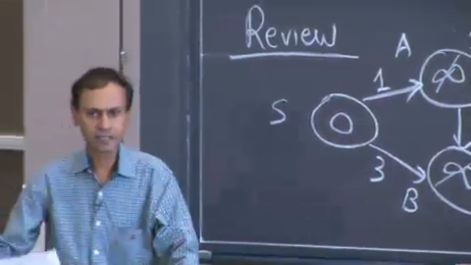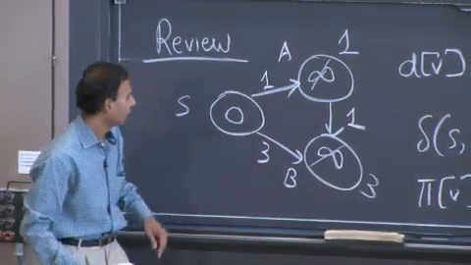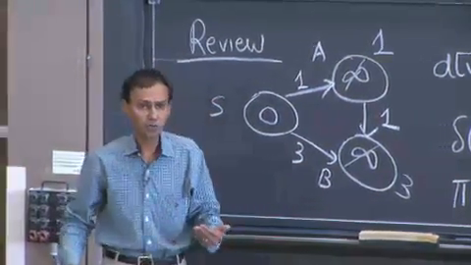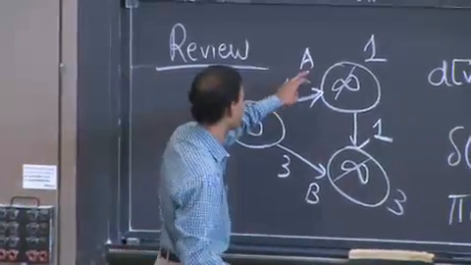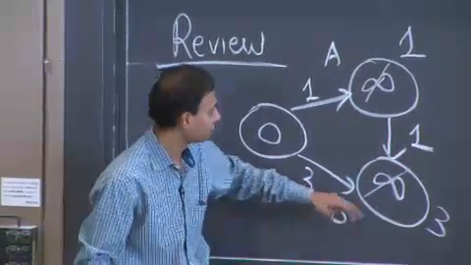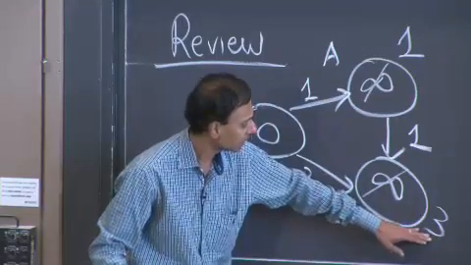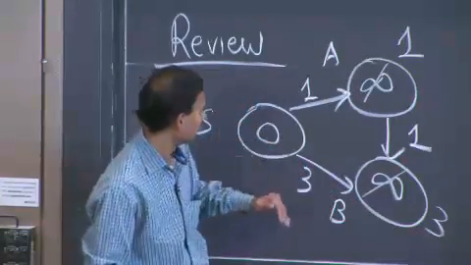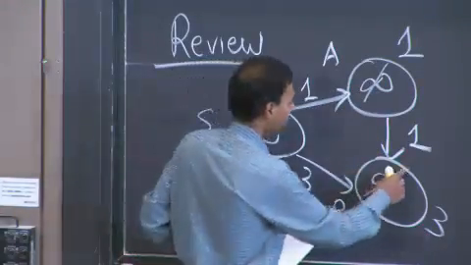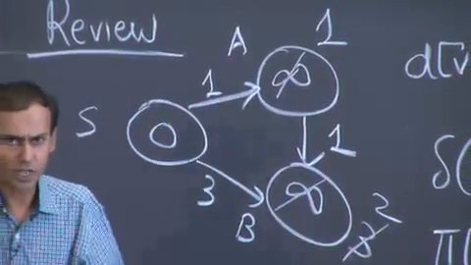At this point, you've relaxed the edges that go out of S to these two nodes, A and B. You're not quite done yet. You've found the shortest path to vertex A, but there's in fact a path of length 2 to vertex B. Right now, the current shortest path to B after the first step of relaxing the edges from S happens to be 3. But if you go like so, then you end up with 2. And at this point, you're done.